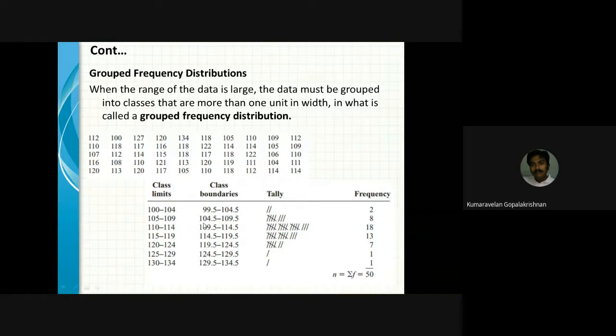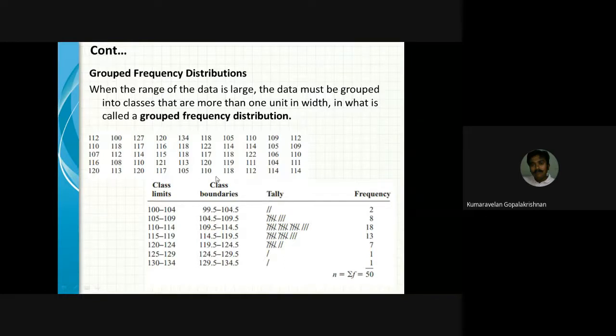And continuously I am going to monitor. That is 104.5 to 109.5. Similarly for all these cases up to 134.5. Even though 134.5 is not there, this is the way in which you have to find out the class boundary. Once the class boundaries are there, then normally the same procedure you have to adapt.